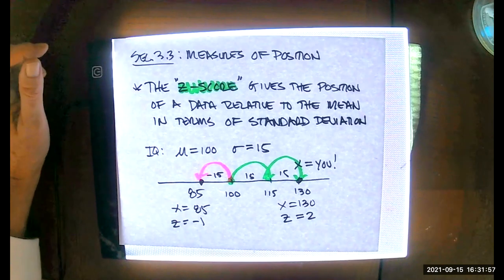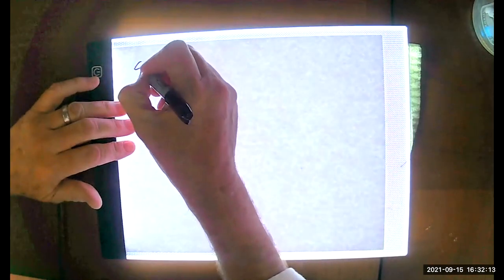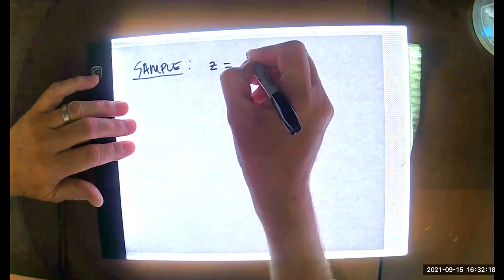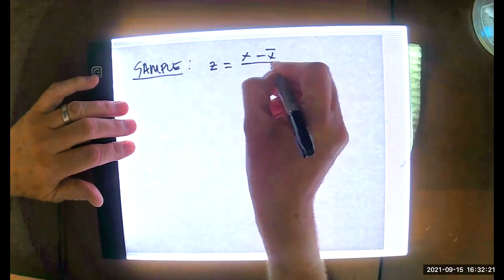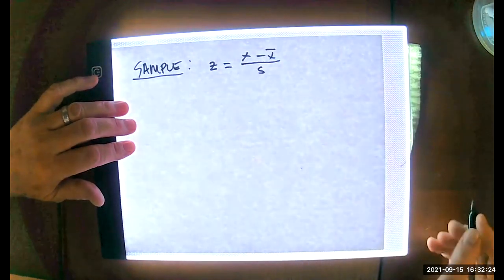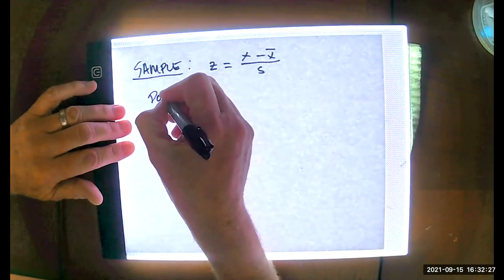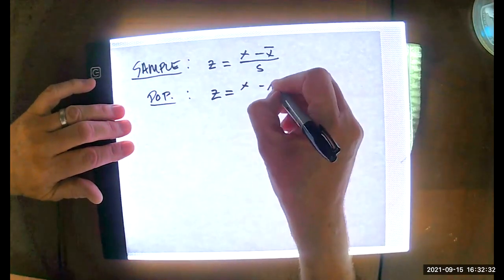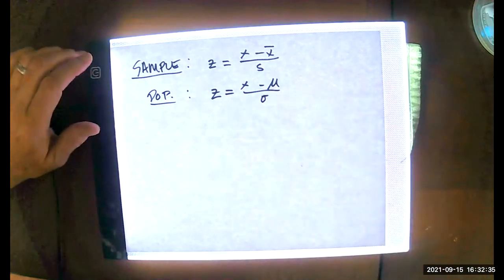So let me give you the formula and then we'll talk about properties. We have 2 formulas for z-scores. For a sample, we have z equals x minus x bar all over s. For a population, we have z equals x minus mu all over sigma.